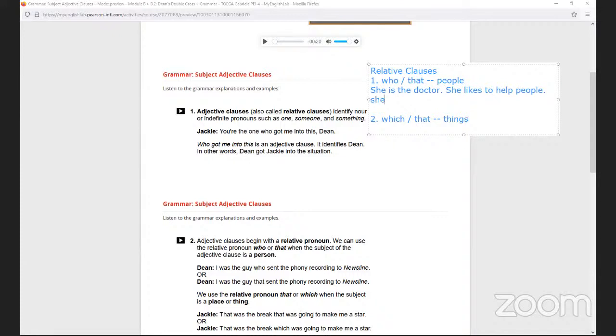So the first, I will respect the first subject. She's the doctor. So in order not to repeat again the same subject, I will put who and go directly to the other complement. Likes to help people. Okay, so she's the doctor who likes to help people.